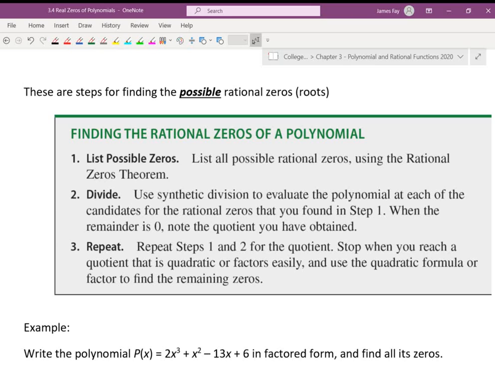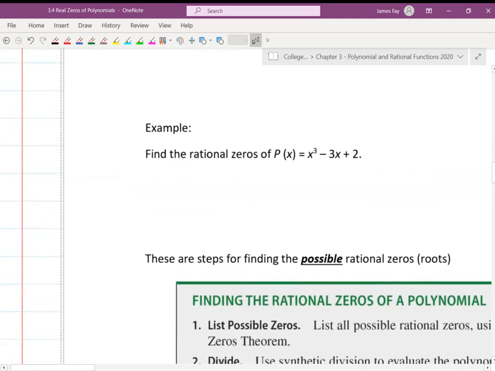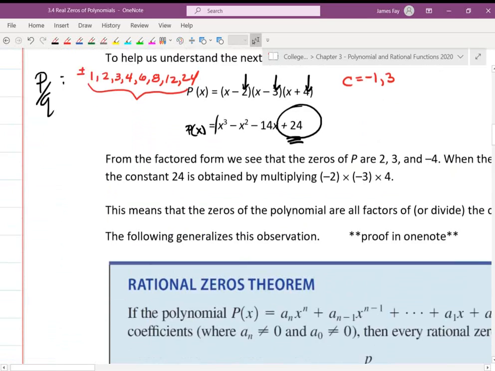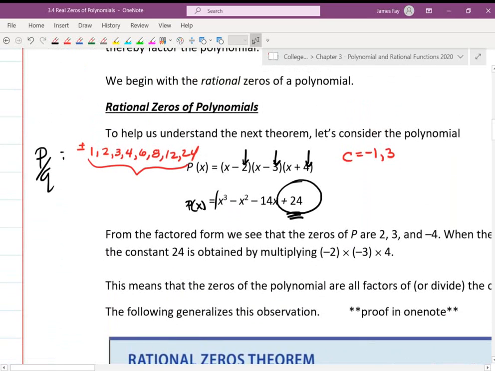Now, what stinks about this is that yesterday we looked at this one here, right, with this 24, and we just wrote down all the P over Q's, and we came up with those 8, but they're plus or minus, so there's actually 16 there, right? How many zeros does that polynomial really have? 3. Those 3 are all in that list of 16.